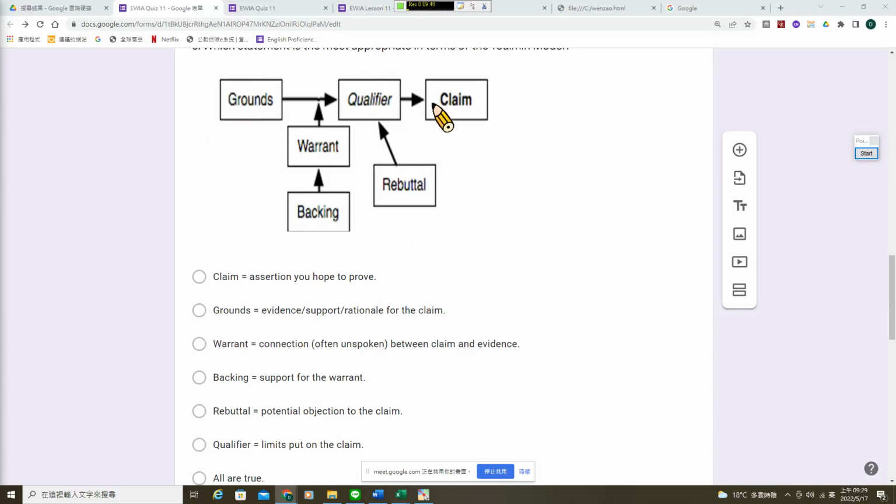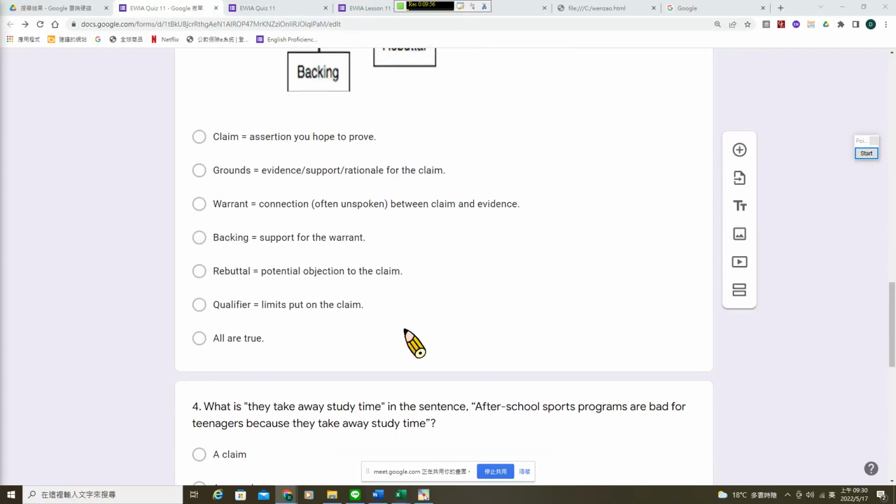The logical flow will be shown in one paragraph if that paragraph is well written. So this is very useful. Okay, so basically what is the answer for this one? Of course all are true. It's just providing you with an orientation to know the basic components of claim, grounds, warrant, backing, rebuttal, and qualifier.